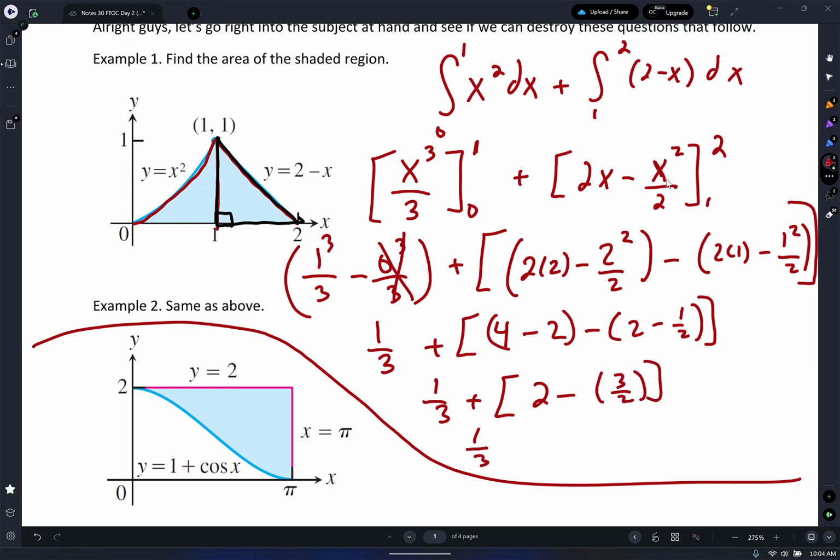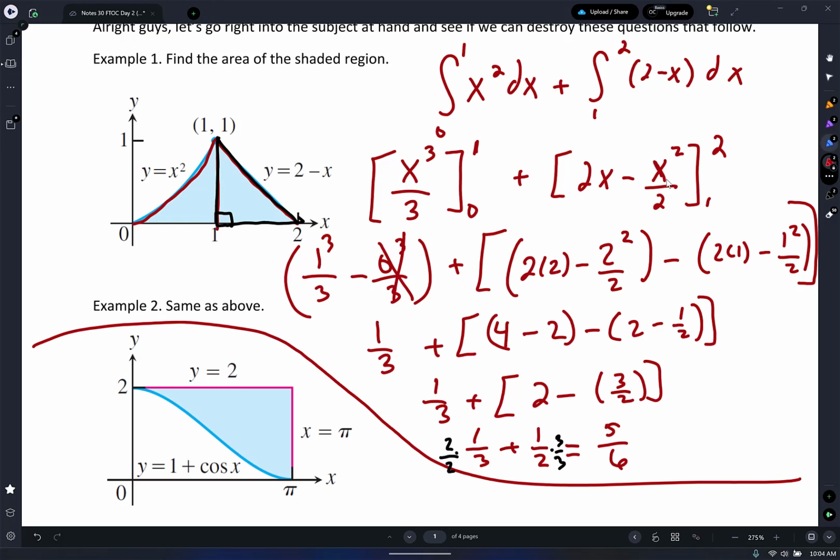Finally, 1/3 plus 2 minus 1.5 is just going to be a half. And then finally, times 2 over 2 times 3 over 3, and then we get 2 plus 3, which is 5 over 6. There's my area.